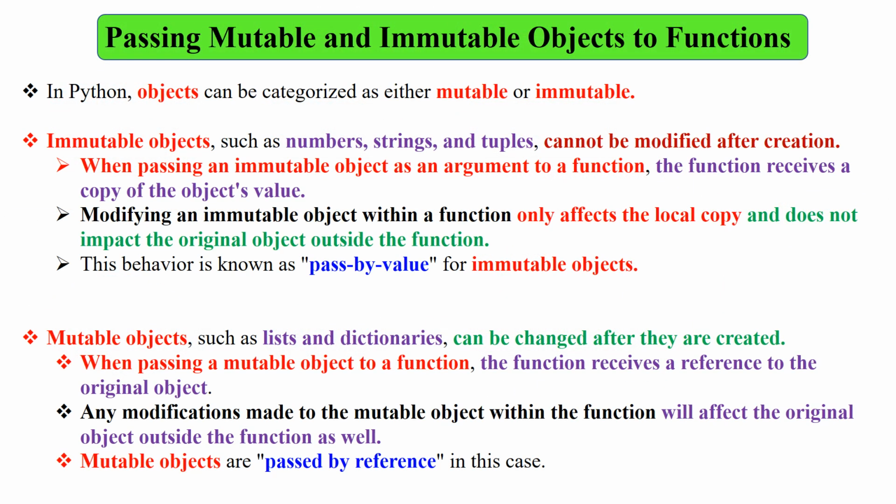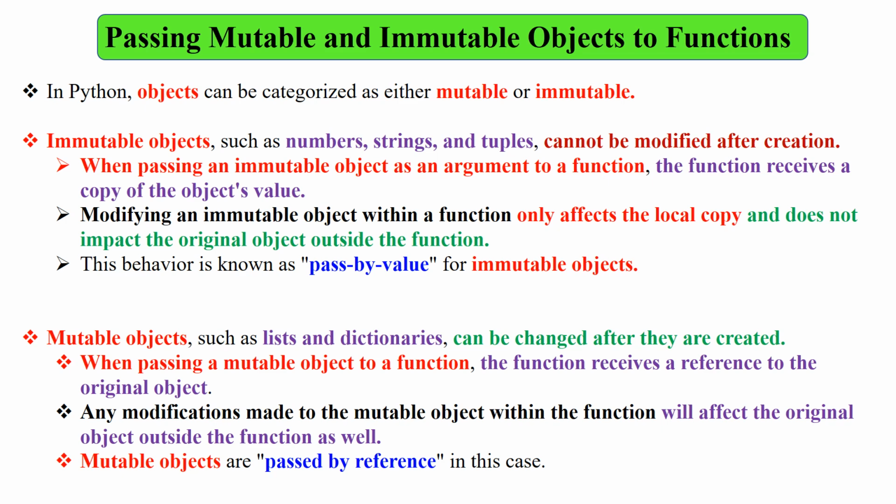In the previous video, we have passed a single constant value to functions either through positional arguments or through keyword arguments. In Python, we can pass multiple values to the function using lists, tuples, dictionary, etc. In Python, objects can be categorized as either mutable or immutable. Immutable objects, such as numbers, strings, and tuples, cannot be modified after creation.